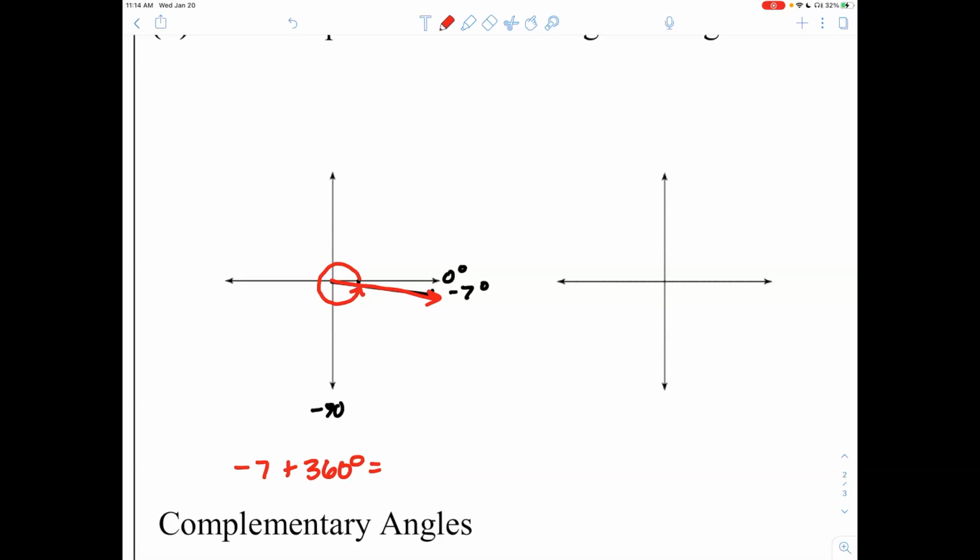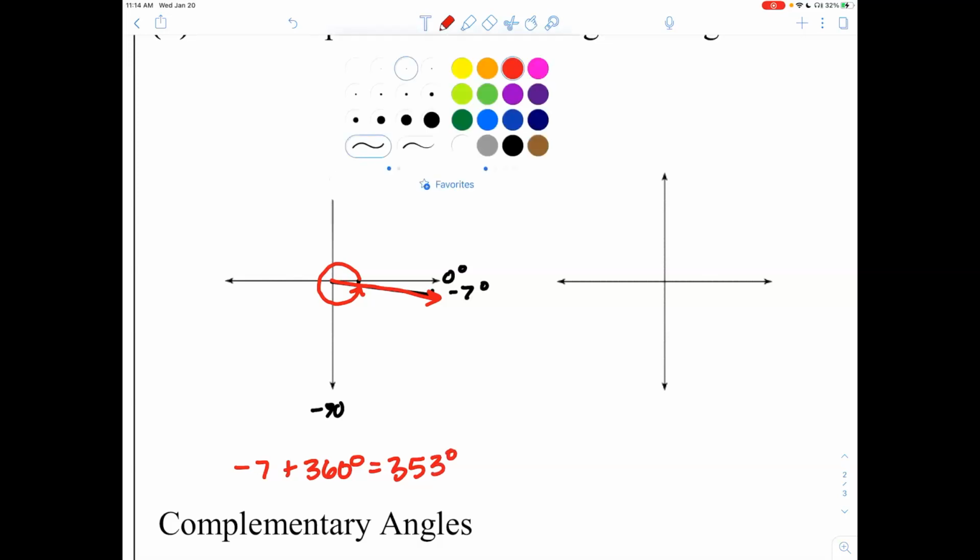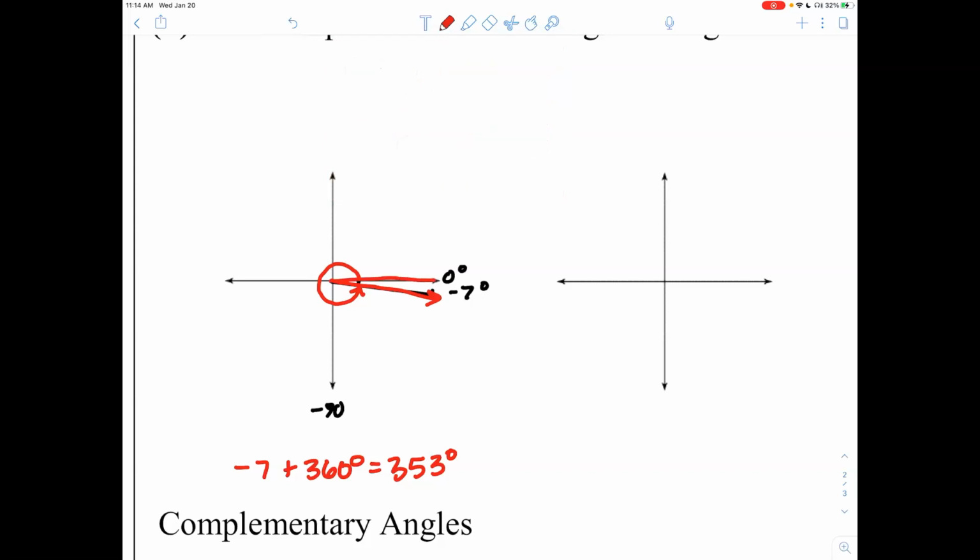Negative 7 plus 360 is 353 degrees. So I want you to think about that, right? If I take my angle at 0 degrees and rotate it around 353 degrees, am I not 7 degrees away from 360 degrees? I mean, it makes total sense.